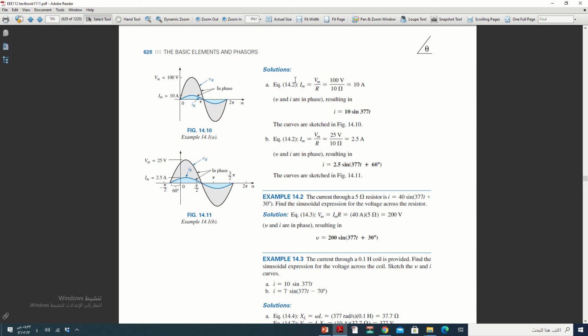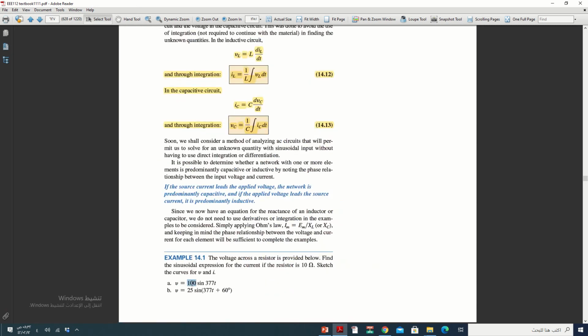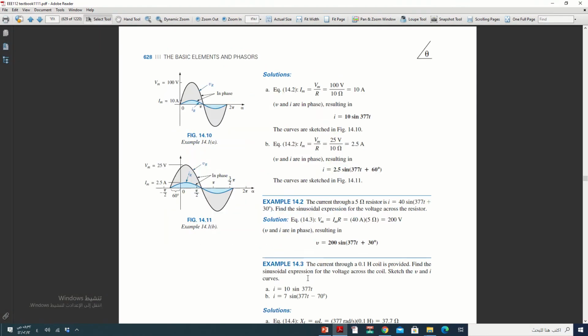First we need to find the peak, which is Vm over R. Vm here is 100, and the resistor is 10. 100 over 10 is 10 amperes. This is Im. And we know that the voltage and the current are in phase in the resistor. This means I equals 10 sine 377 t.